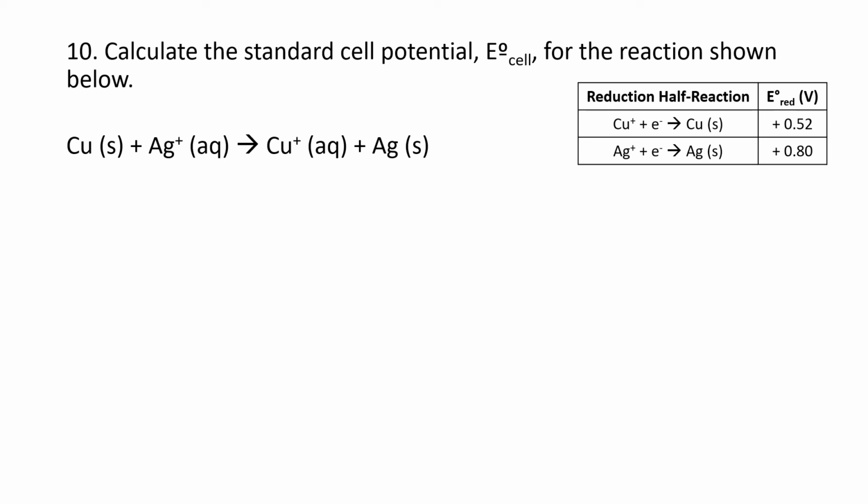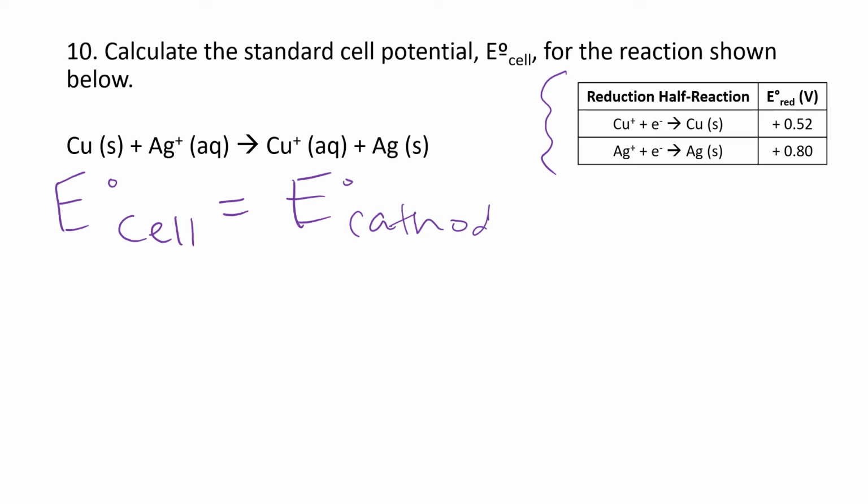Chapter 19, question 10 says calculate the standard cell potential for the reaction shown below. And in the notes I gave you a link to a table with all of those cell reactions, and these are the ones I got for those. We're going to need to know the equation E cell is equal to E cathode minus E anode.